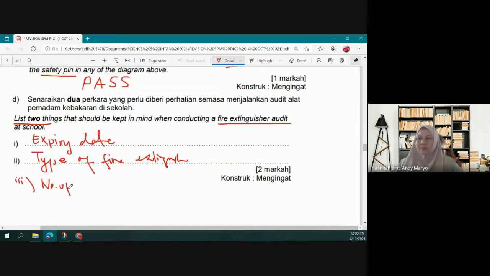Number of fire extinguisher. And then you can also write location. Where we place it, whether we are placing it in the correct place or not. Location of fire extinguisher.